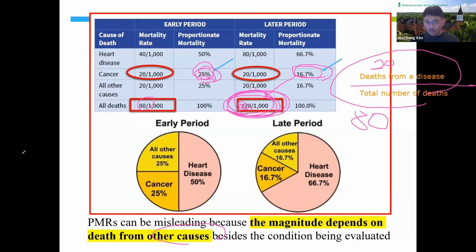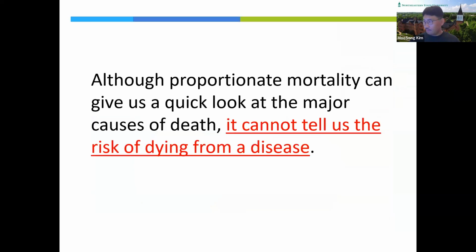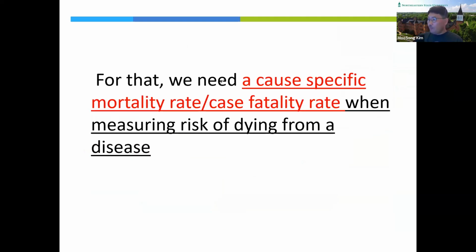So although proportionate mortality can give us a quick look at the major cause of death, it cannot tell us the risk of dying from a disease. Okay, so please keep in mind this. That's why we need a cause-specific mortality rate or case fatality rate when measuring risk of dying from a disease, right?